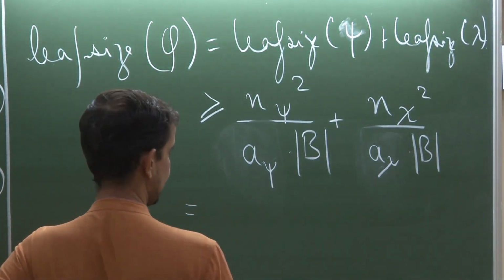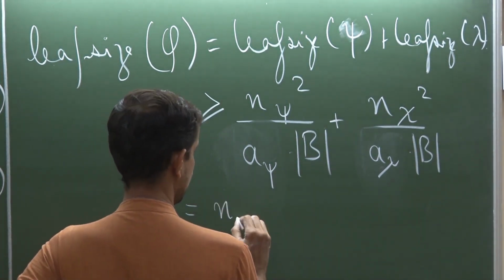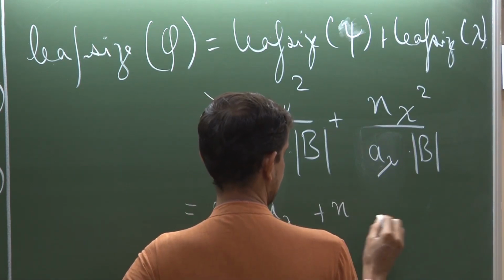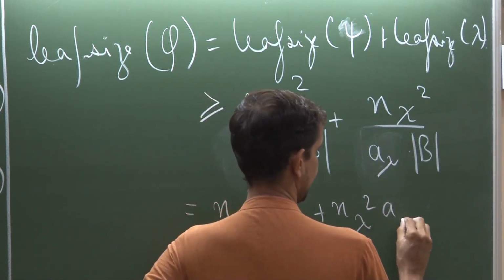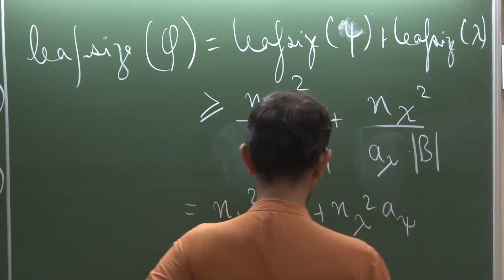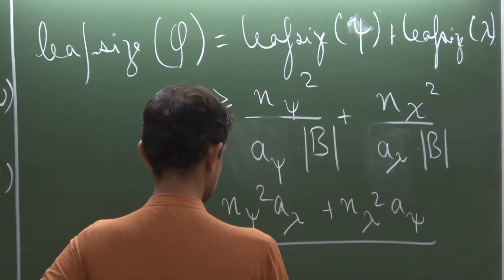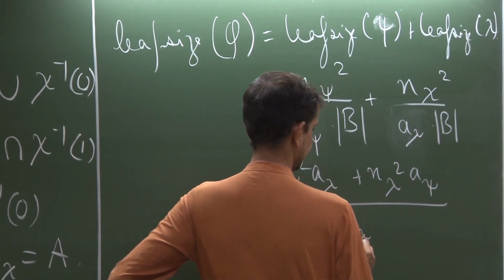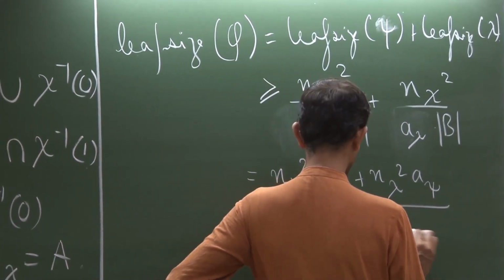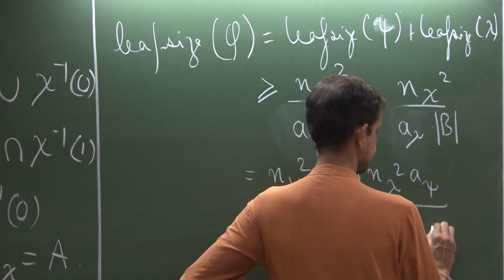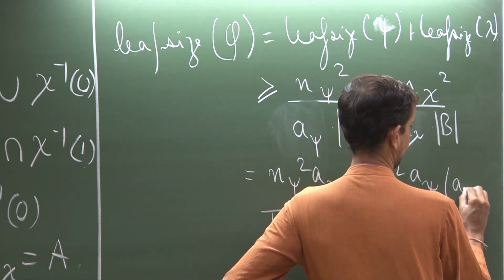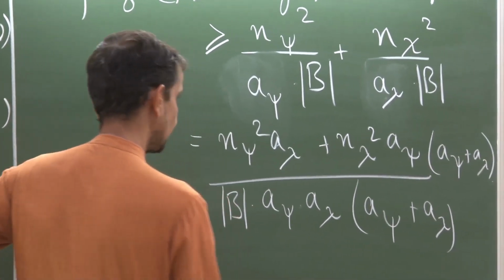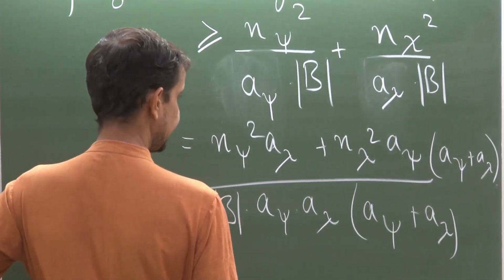So, if we expand this out, we get n_psi square a_chi plus n_chi square a_psi divided by size of B times a_psi times a_chi, and let me also multiply both numerator and denominator with a_psi plus a_chi. And once again we expand the numerator.